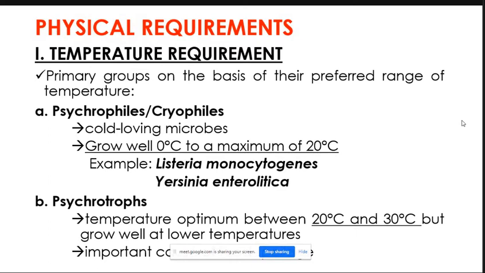Then you have your psychrotrophs. What are psychrotrophs? These are those that grow well at a temperature between 20 degrees and 30 degrees, but also grow at lower temperatures.